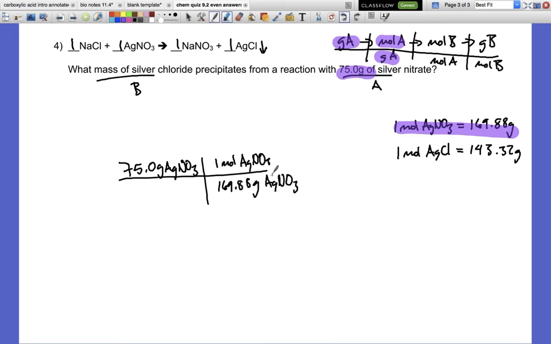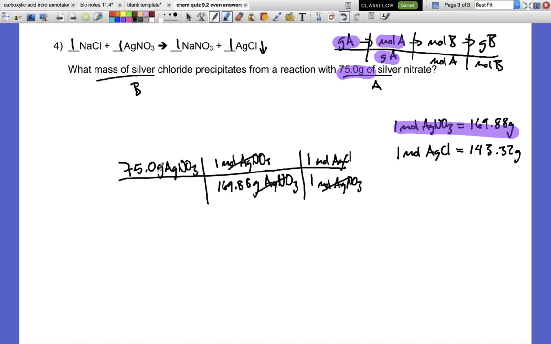But otherwise, the next step would be a ratio from my balanced equation. Again, that ratio is going to be a 1 to 1, but different labels. Moles of silver chloride on top. Oh, no, there doesn't need to be a 2. And moles of silver nitrate on the bottom. Right, so I did cancel that label.